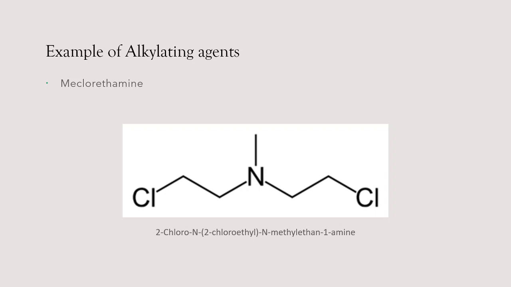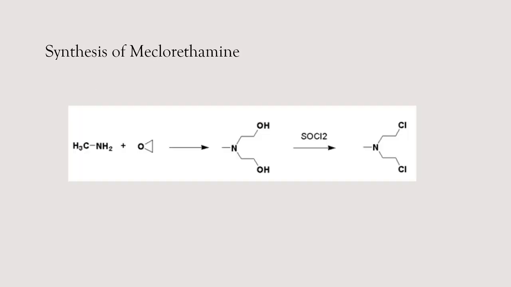If you go back to the structure and study the IUPAC name as well, you will see the same similarities. In this structure, you can see that a 2-chloroethane group is attached to one nitrogen, a tertiary nitrogen, along with one methane group.